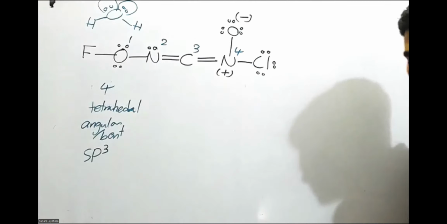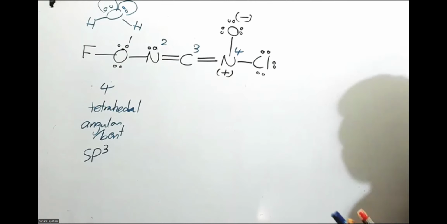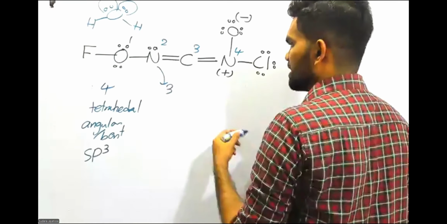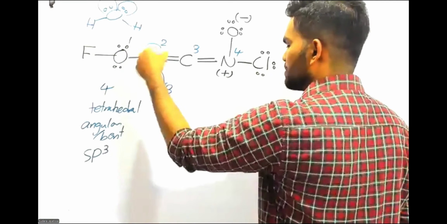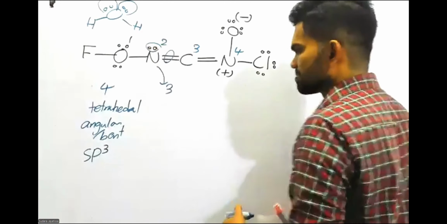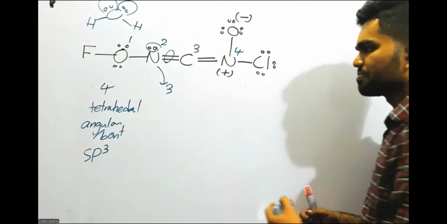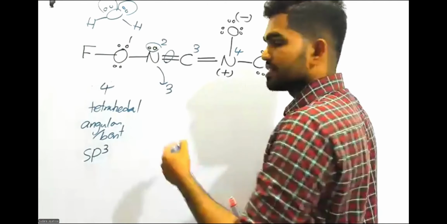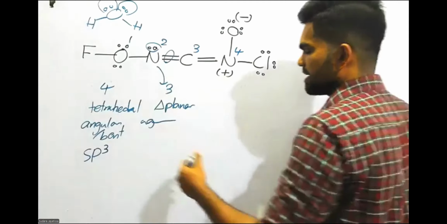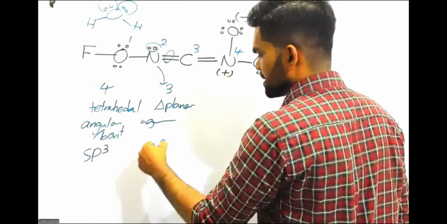Right. Then you can do the same thing for N2. N2 has 3 VSEPR pairs. You can see a lone pair and 2 bonds. We consider a double bond as a single unit, okay? And then this one is trigonal planar. Shape is angular or bent. And hybridization is sp2.